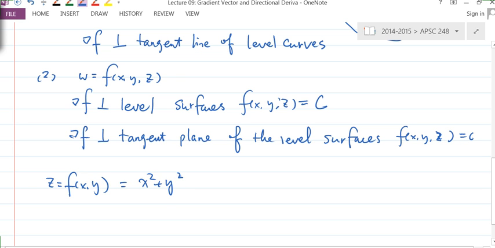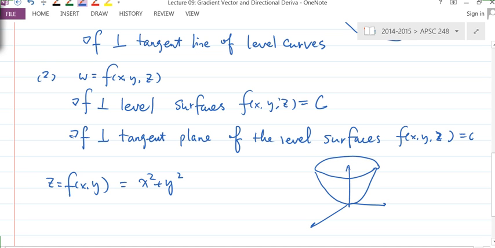Then you know that this is a surface. It's actually a paraboloid, like this.